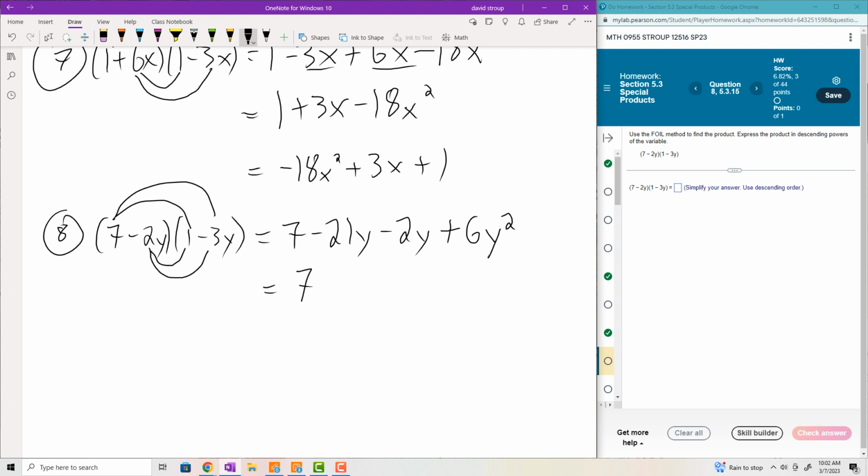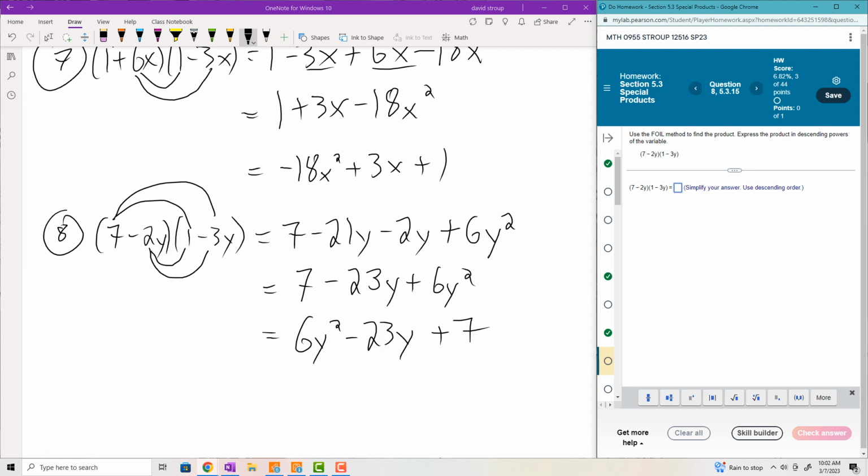So you have 7 minus 21, 22, 23y plus 6y squared. And again, you need to rewrite it in descending order. So this will be 6y squared minus 23y, and then plus 7.